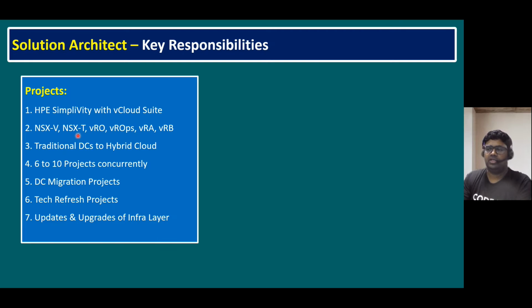I just highlighted a few projects like HPE Simplivity with vCloud Suite, NSX V2T migration, vRealize upgrade, and also traditional data center moving to the hybrid cloud, and any normal minimal operation related projects. If you did any concurrent projects like OS upgrades, tech refresh, DC migration activities, and major updates and upgrades, keep all those projects handy so that it's easy to answer in the interview.